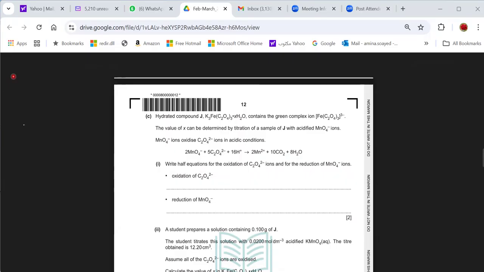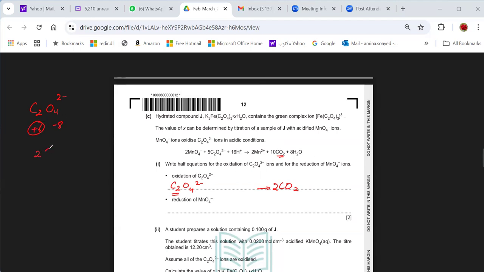So for the oxidation of the C2O4 2-, it will change to carbon dioxide. But the first thing we have to see is that here we have 2 carbons, so we have to put 2 carbons in CO2, and we calculate the oxidation state of the carbon. Here it's -8 for the oxygens, and 2 carbons will be +6.